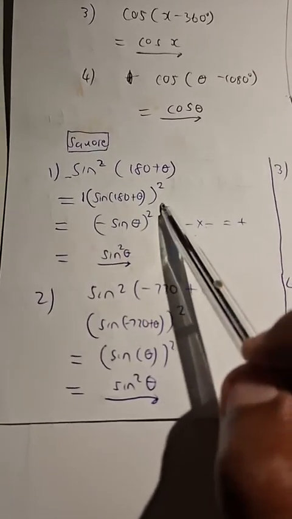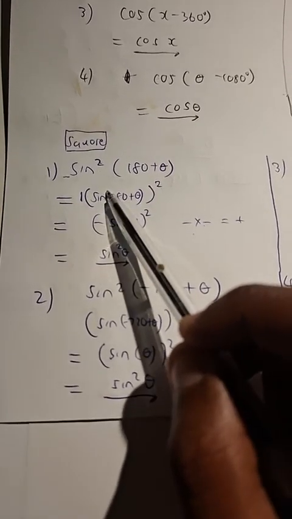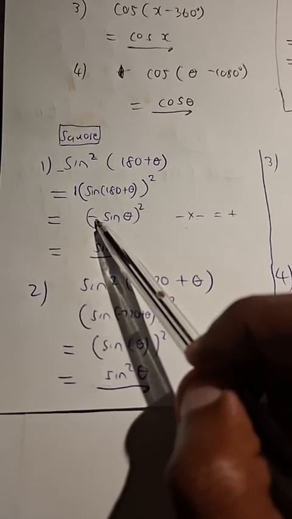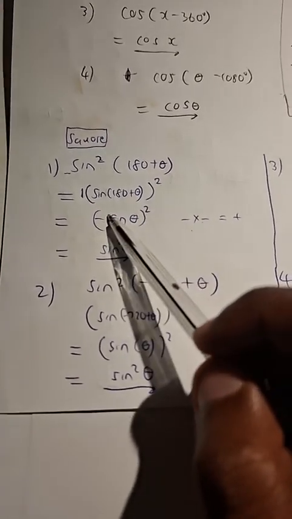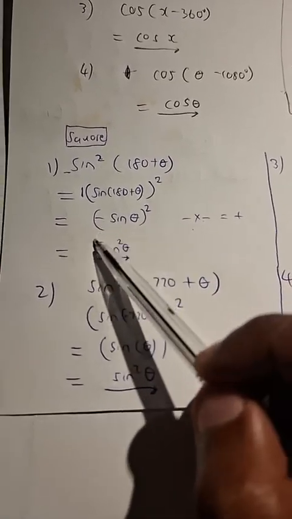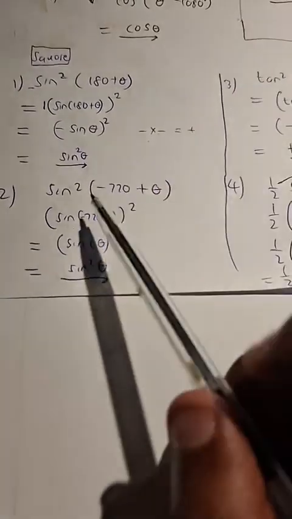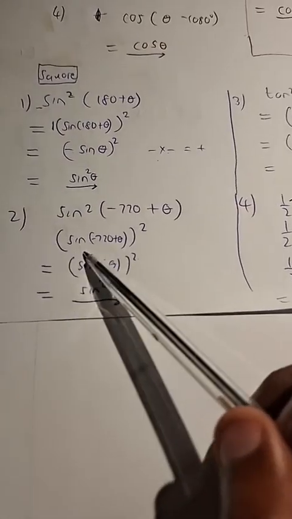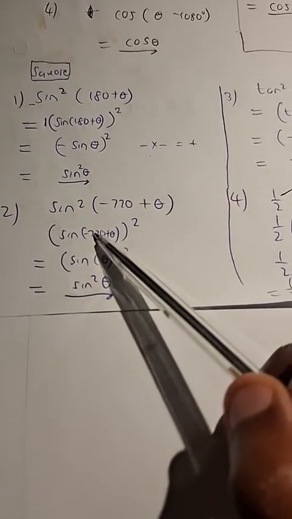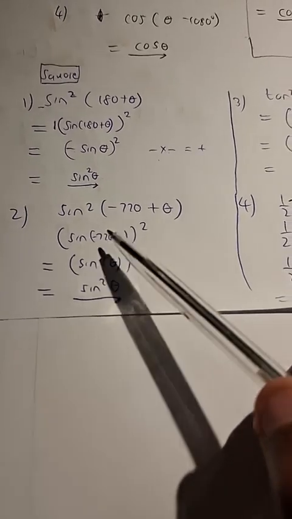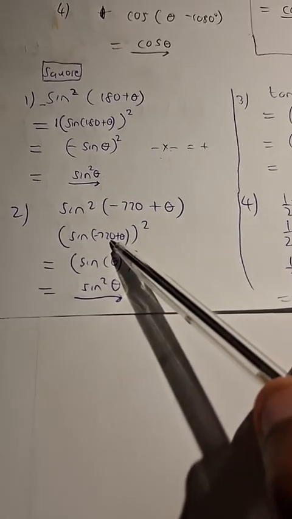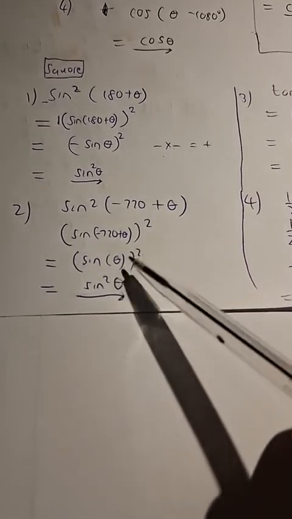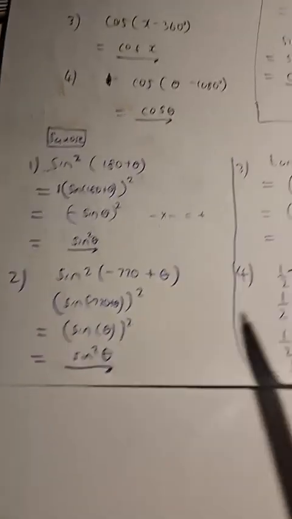So you put the square around the trig ratio, you remove it there, you evaluate the function value, and you get whatever answer, whether negative or positive, but the minute you apply the square, the answer is bound to be positive. Number 2, the same thing. You put the square around the entire trig ratio, and you evaluate. This is a negative angle, which means you add 360 multiple times until you enter into the 0 to 360 interval. You get 0 eventually, so the answer is sine theta. You apply the square, and the answer is sine squared theta.